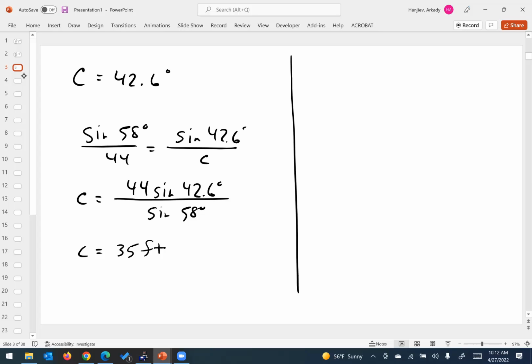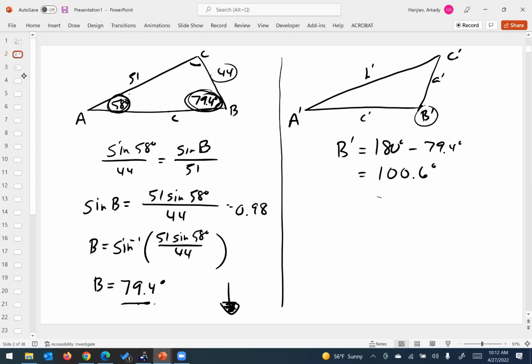Hey, Dylan, good with that? Okay. You asked the questions we need to. Okay, can I go back now to the previous slide? So I have 100.6, so that angle C, or C prime, is 21.4. Okay, and everybody okay with where I got the 21.4?